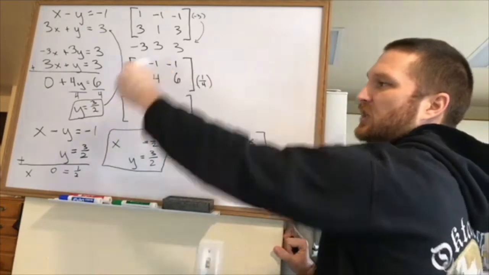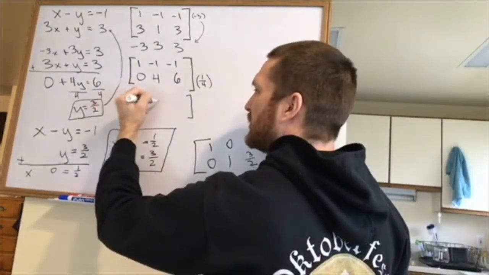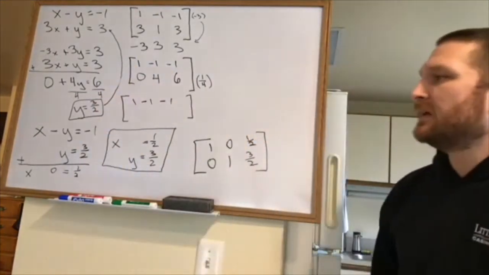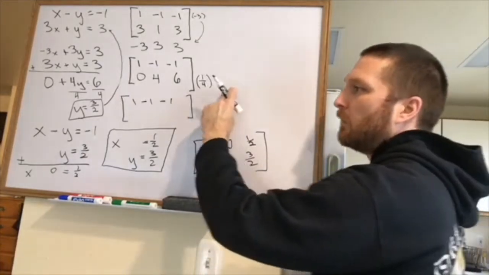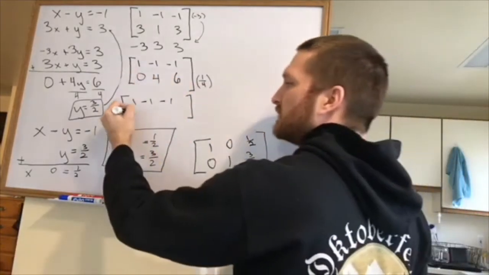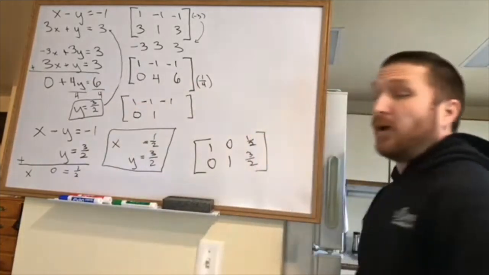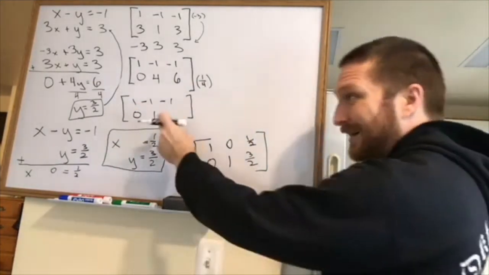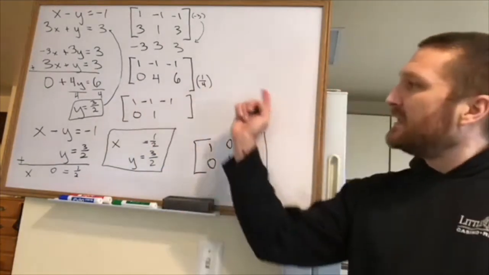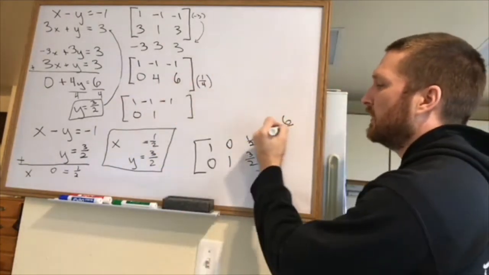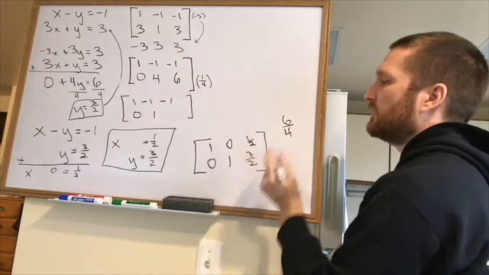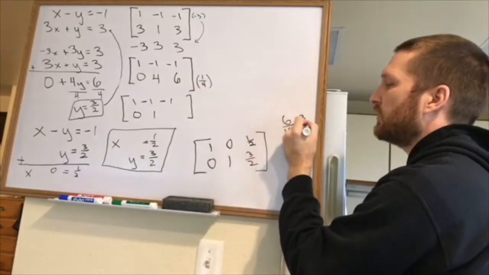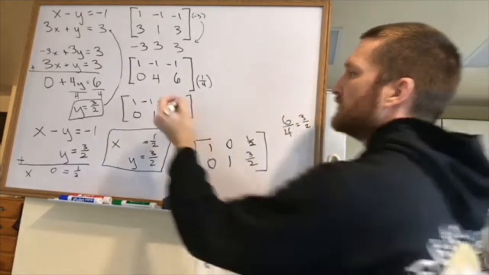The thing that is not changing is the first row. I'm not changing the first row. The second row, I'm going to multiply through by 1/4. That gives me 0, 1, go figure. That was the point, right? That had better come out to be a 1. Then 6 over 4, which reduces down to 3 over 2.